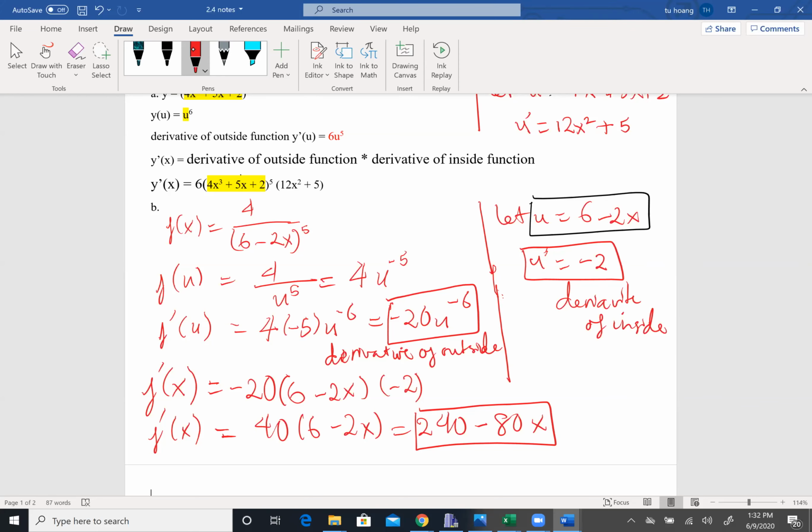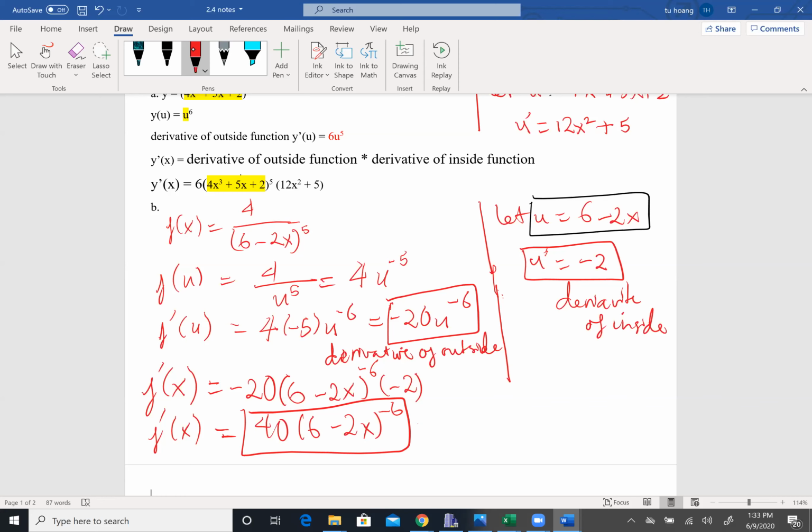Did I miss anything? Let me see. I think I missed a negative. Oh yes, that's why I cannot have this answer. I missed a negative on the 6 here, so I should have negative 6 here. So I should have this as the answer: 40 times 6 minus 2x to the power negative 6.